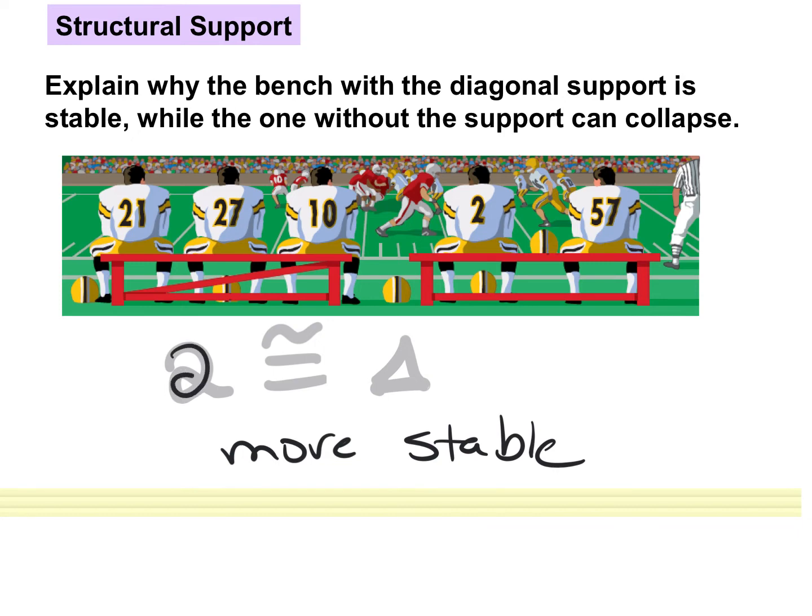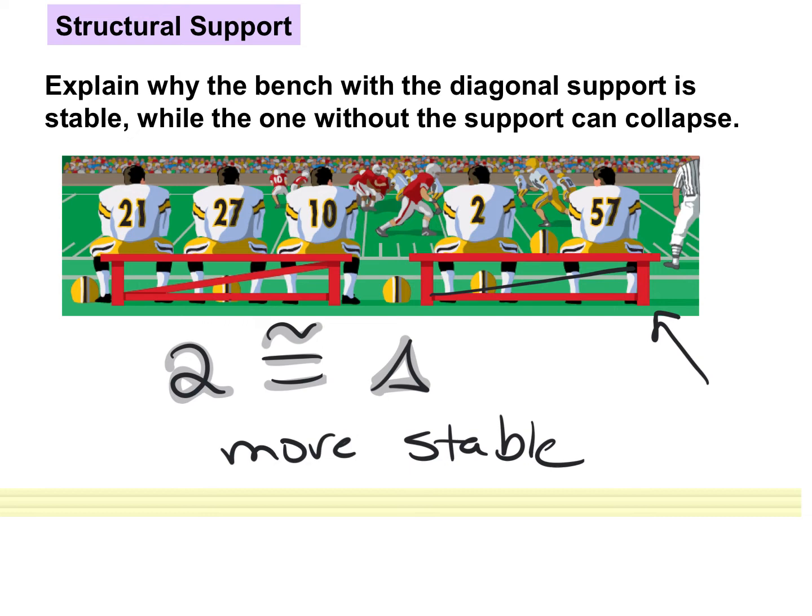So you would need two congruent triangles, and the shared side, that diagonal, would create the support for it.